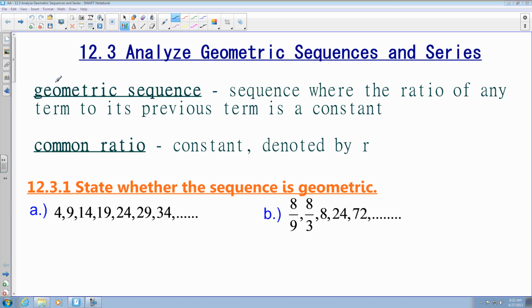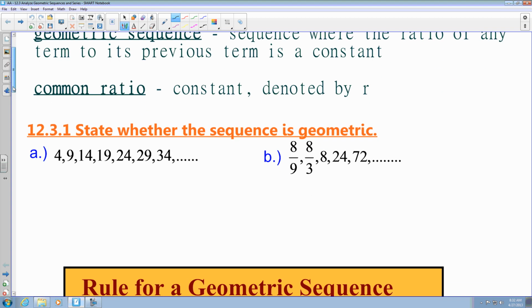So for this first part of the homework, they're going to ask you whether or not this sequence is geometric, and the only way that it is geometric is if we can multiply or divide each value by a certain number.